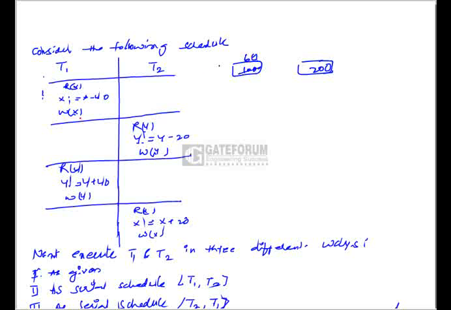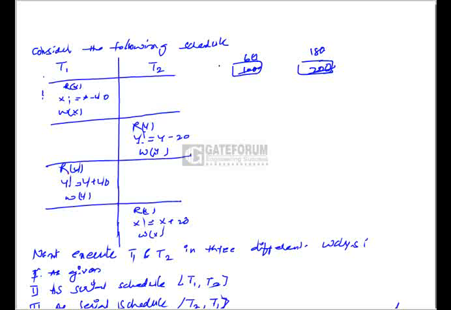After that X is written, so 60 is written. Then transaction T2 reads account Y and 20 is subtracted from 200, so 180 is written.